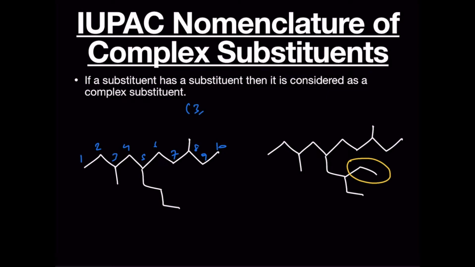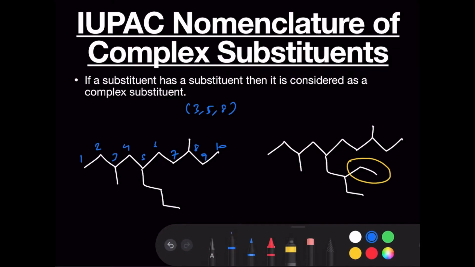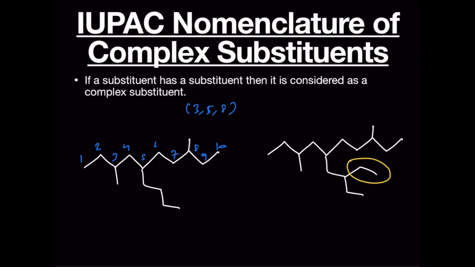Now, the substituents are at 3, 5 and 8 position if we do the numbering from left to right. On the contrary, if we do the numbering from right to left, then 1, 2, 3, 4, 5, 6, 7, 8, 9, 10.